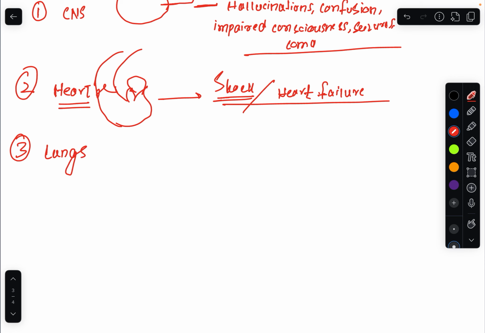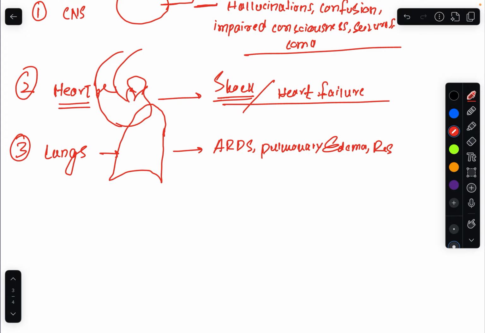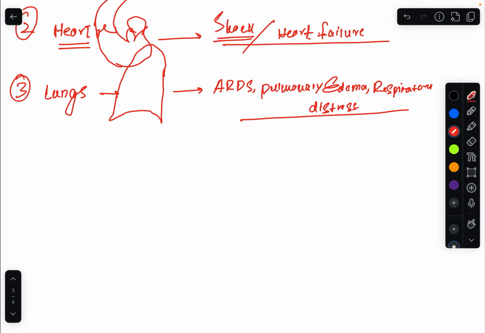We are moving from top to bottom to easily remember the detail. Above you have CNS, then coming towards the chest you have heart and lungs. So when your lungs are affected, you can have ARDS, pulmonary edema, and respiratory distress. So these features can be present in severe malaria if they affect the lungs.